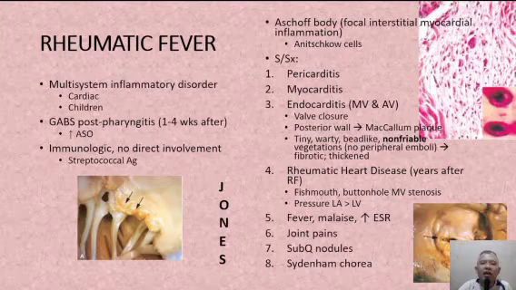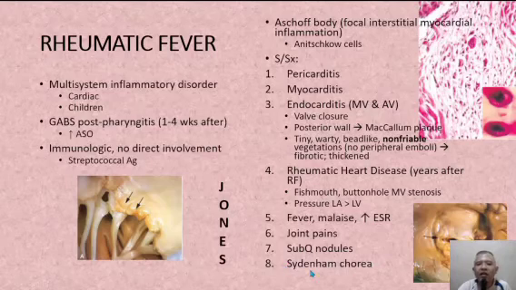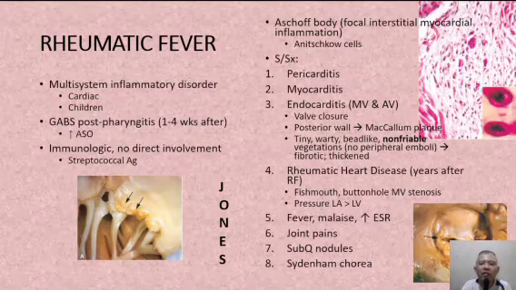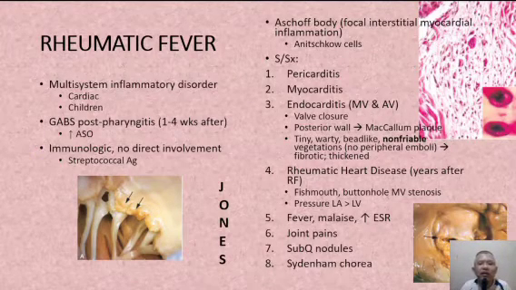Okay, and the other manifestations such as fever, joint pains, subcutaneous nodules, and Sydenham's chorea are just the reaction of the body towards the streptococcal antigen. It's autoimmune. And we will discover later in another disease wherein we have a friable or embolic vegetation.